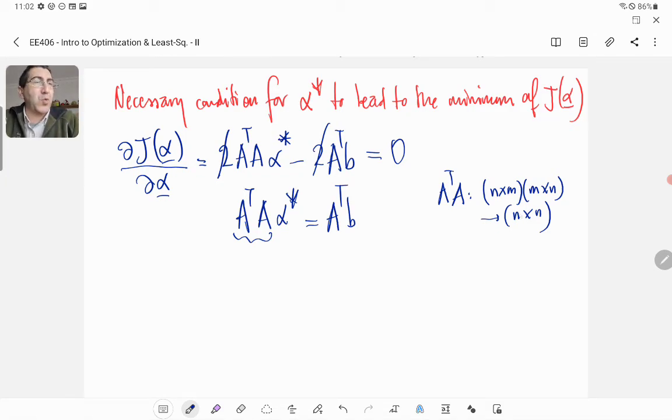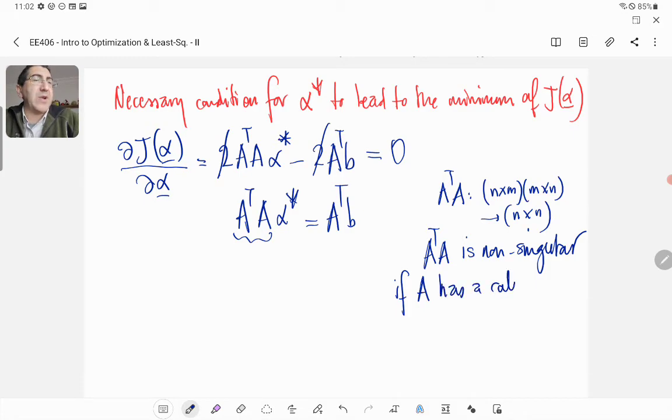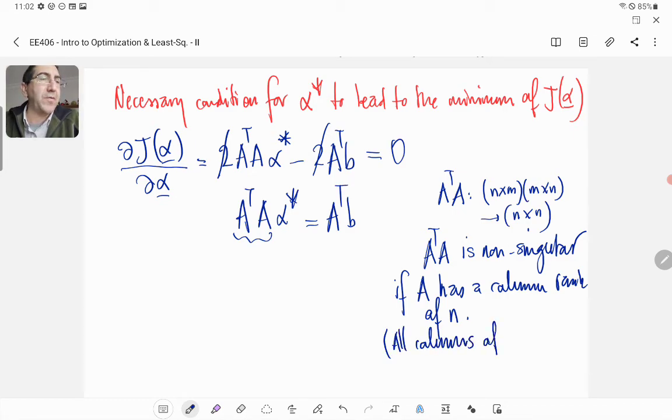So it's a square matrix, and although we will not attempt that, A transpose A is non-singular if A has a column rank of n. That means all columns of A are linearly independent.